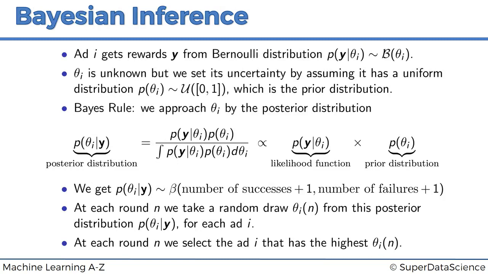Then here we've got some very complex looking mathematics and Bayesian inference and all these distributions and posterior probability and other prior distributions and beta distributions and so on.